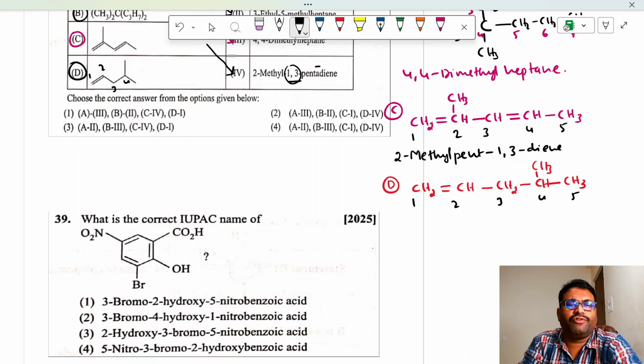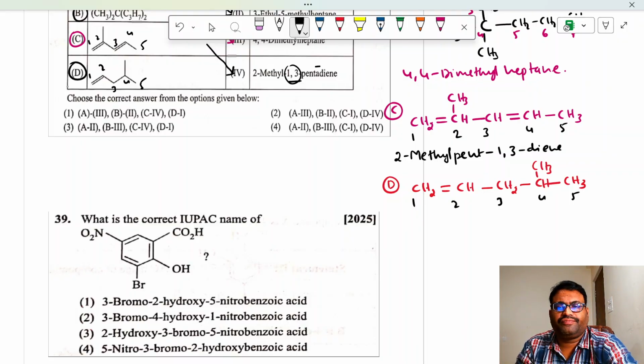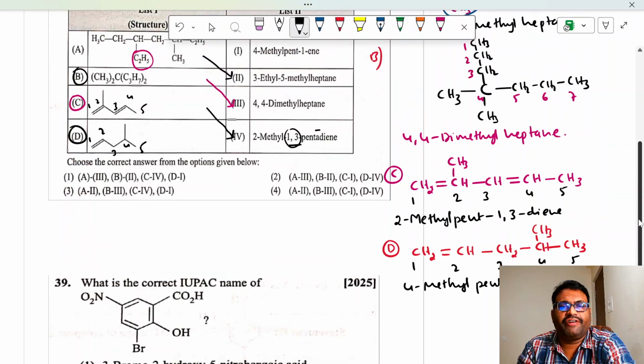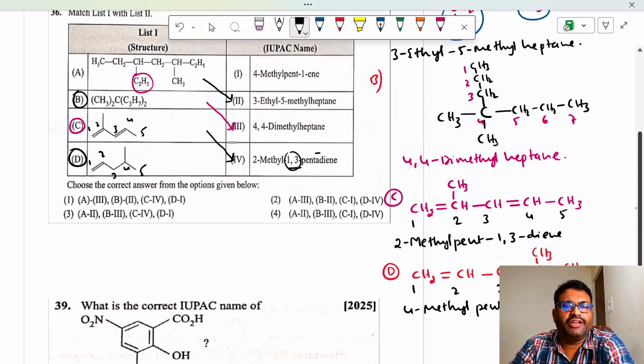What will be the name of this? The name will be 4-methyl pent-1-ene. Where do you find this 4-methyl pent-1-ene? So A2, B3, C4, D1.